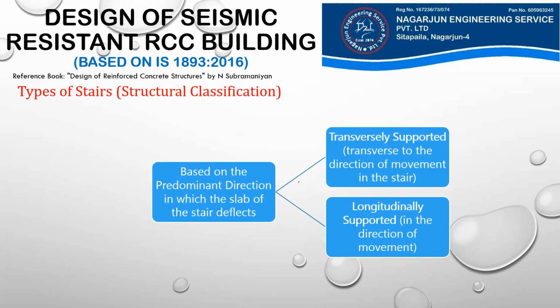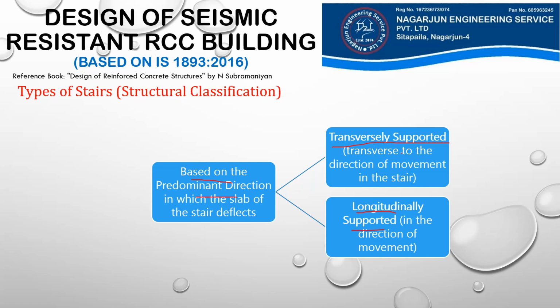In structural configuration, we can divide our staircases into two types: one is the transversely supported staircase and another is the longitudinally supported staircase. And what is the basis for this classification? The basis is the predominant direction in which the slab of the stair deflects.